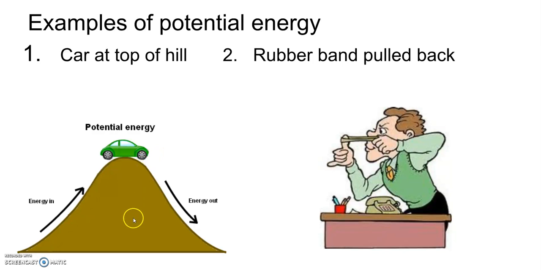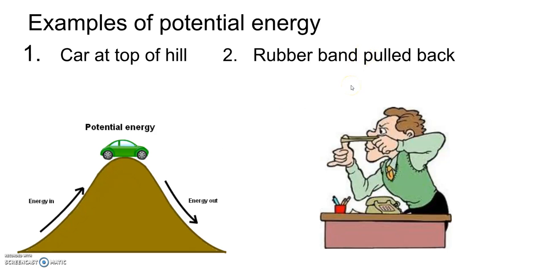Because of the height of the hill, it has lots of potential energy because of the force of gravity and the height. It has the potential to move, or to do work, but it hasn't done it yet. The highest part of the hill is where the most potential energy will be.